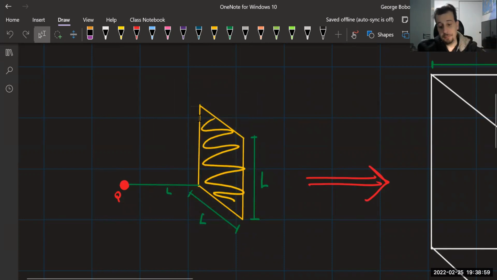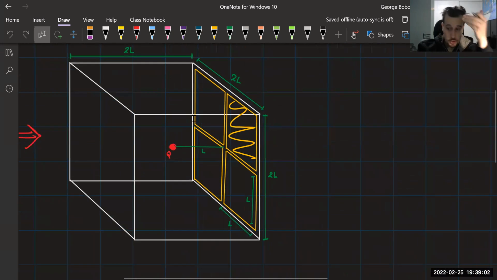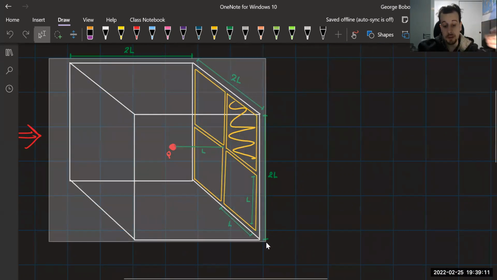If you do that, you construct basically this contraption here. And the benefit is that here's what you're trying to find the flux through, and you have some surface that you know the flux through already.